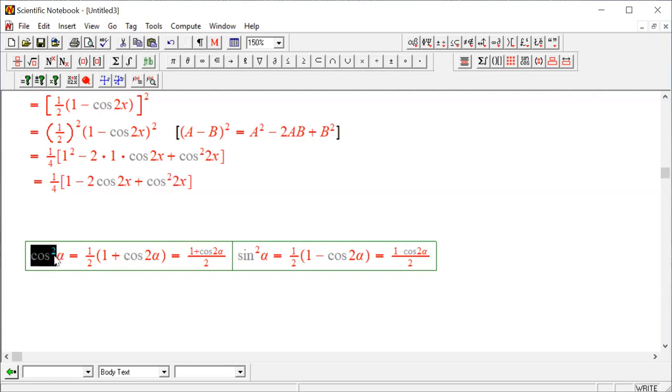In this case, we can apply this formula. So next step, we're going to apply that formula. In our case, 2x is in the place of alpha, so alpha will be replaced by 2x, and 2 alpha is now 4x.